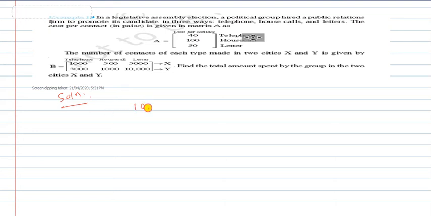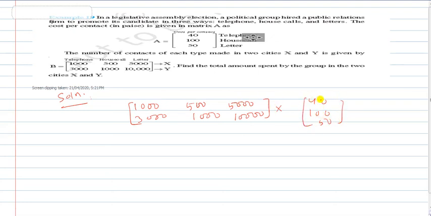First it is 1000, make a matrix 500, this is 5000, and this is 3000, this is 1000, and this is 10,000, and this matrix is multiplied by 40, 100, 50, because these are the numbers and this is the rate, and total for X and this is Y. Make a matrix like this.